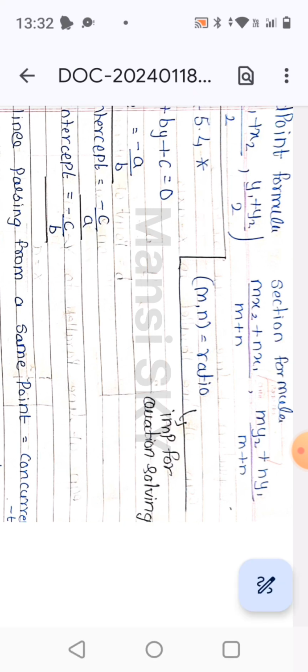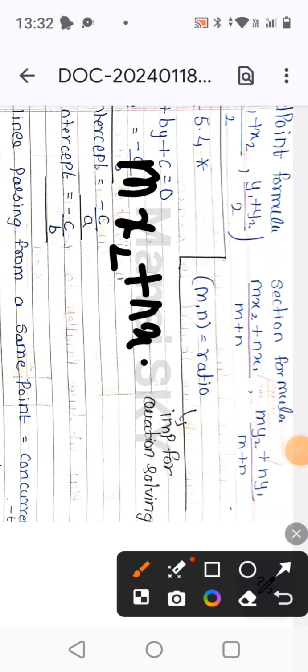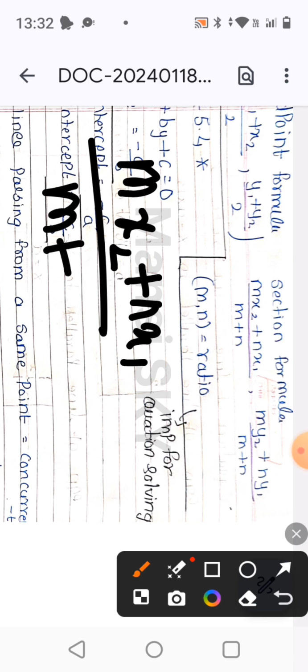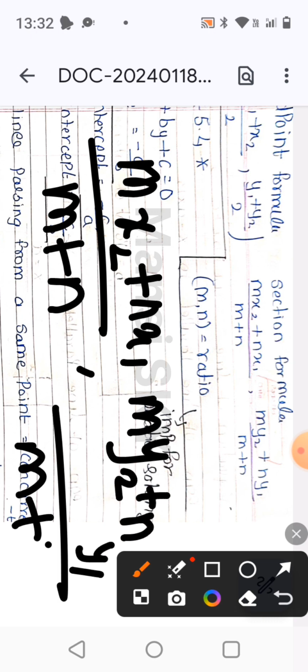What is the section formula? It is mx2 plus nx1 divided by m plus n, and for y we have my2 plus ny1 divided by m plus n. So it is written here.